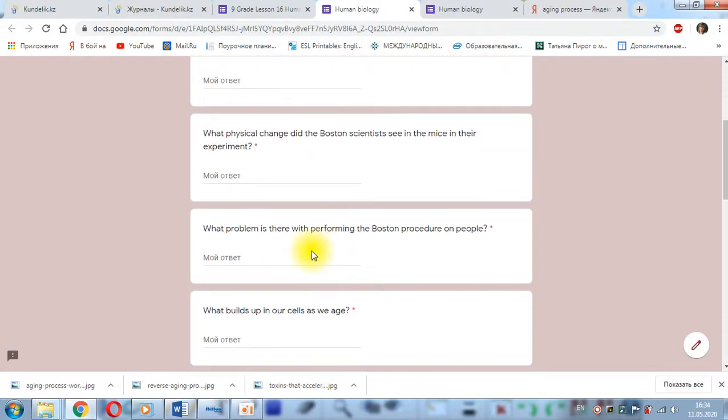Your task is to answer 7 questions using keywords from 9b. And after that, when you finish your task, please look at our success criteria and reflect. What can you do and what do you know?